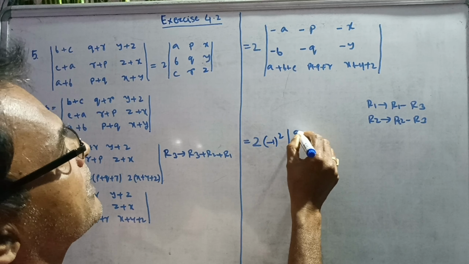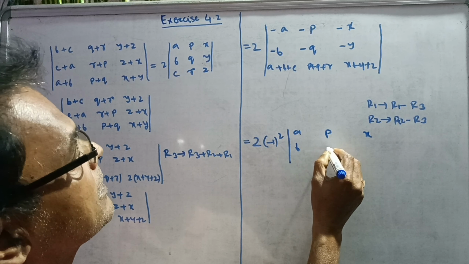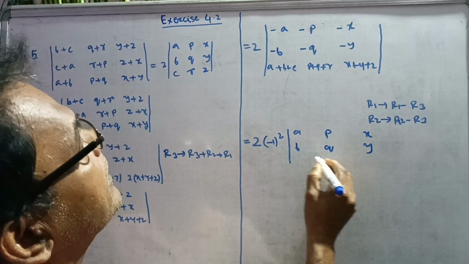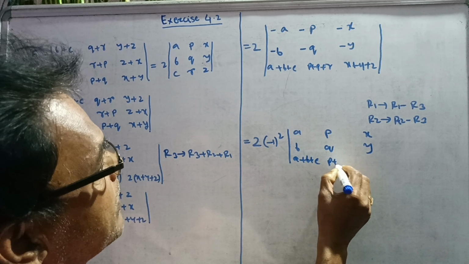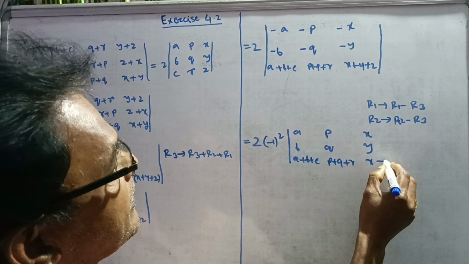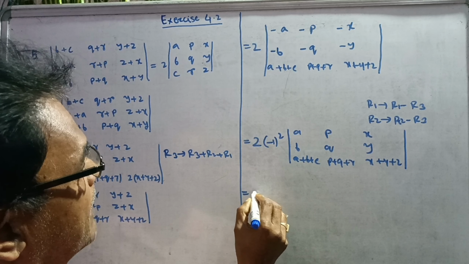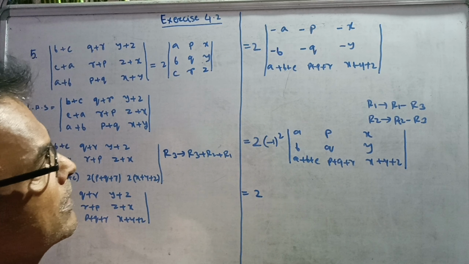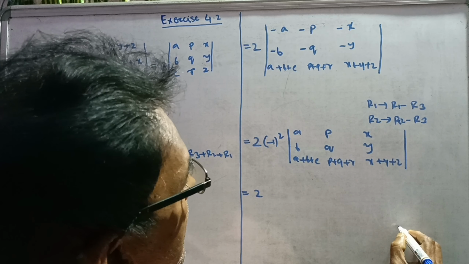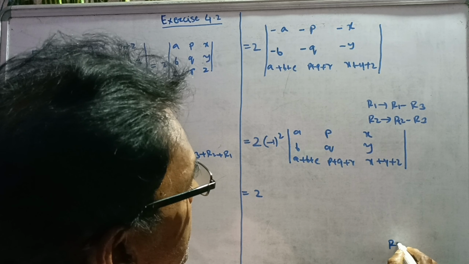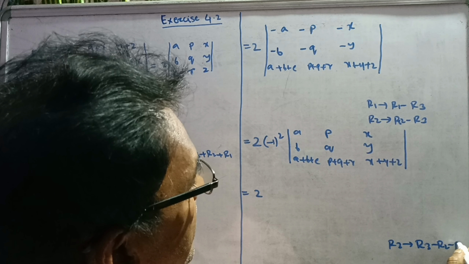Then this is equal to A, P, X, here B, Q, Y, here A plus B plus C, P plus Q plus R, X plus Y plus Z. Now it becomes 2, and 1 square is plus 1, therefore 2. Here we apply R3 changes to R3 minus R2 minus R1.